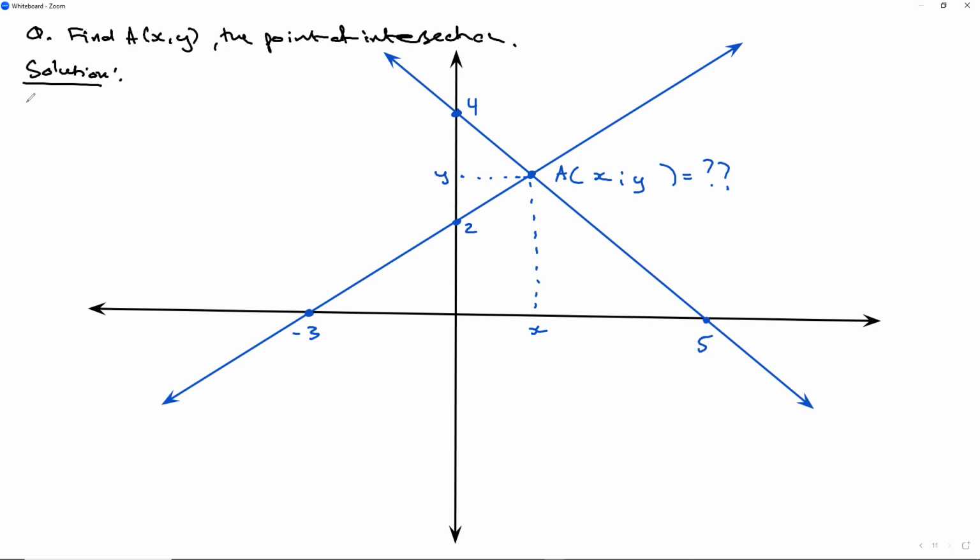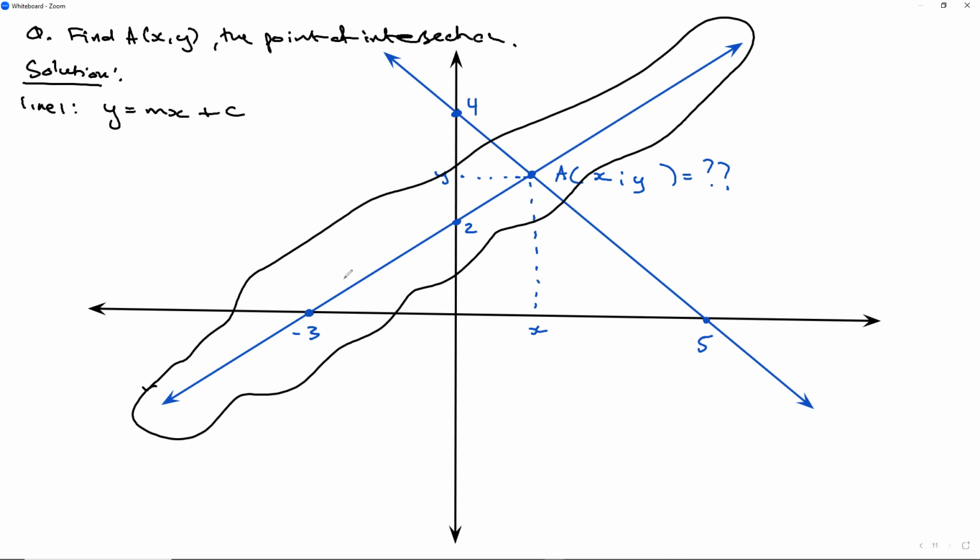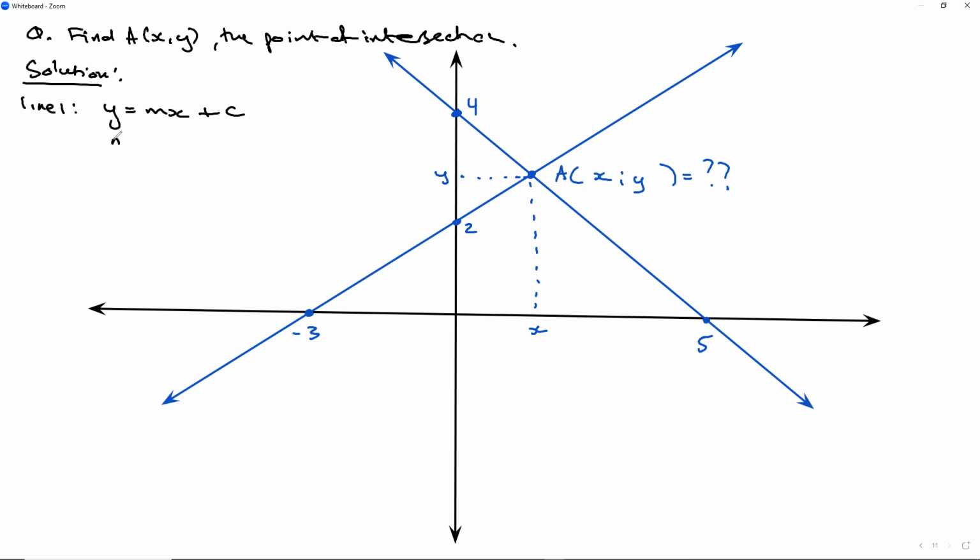So line 1, the equation is y equals mx plus c. This line over here, let's call it line 1. It's going to have a gradient of positive 2/3, and the y-intercept is 2. So therefore, the line would be y equals 2/3x plus 2.